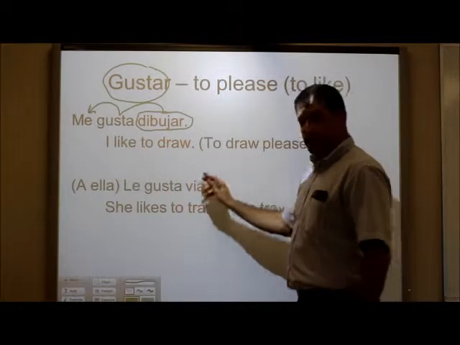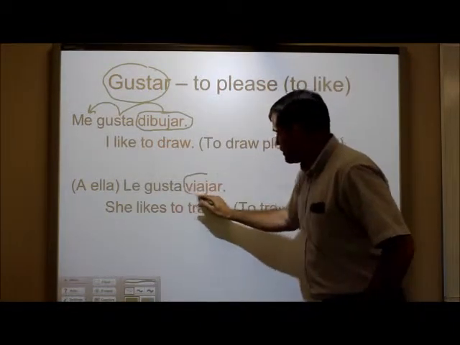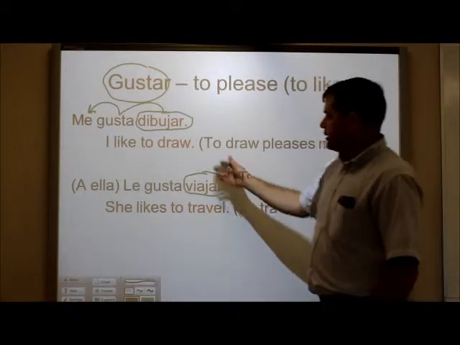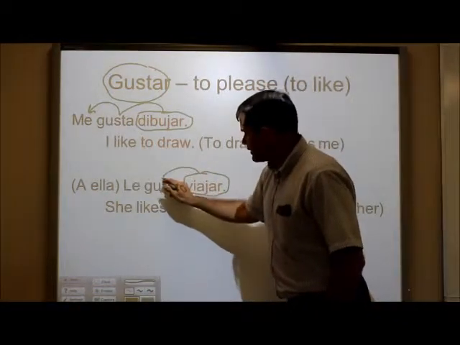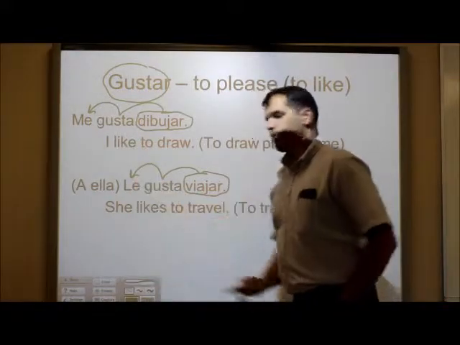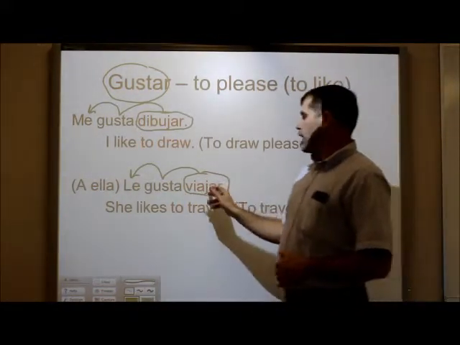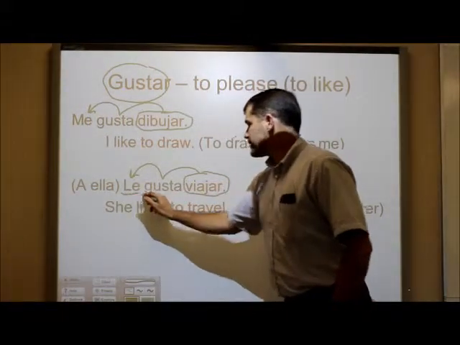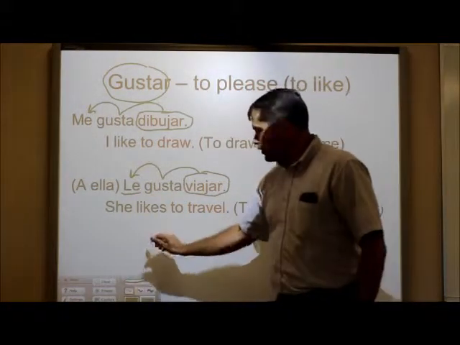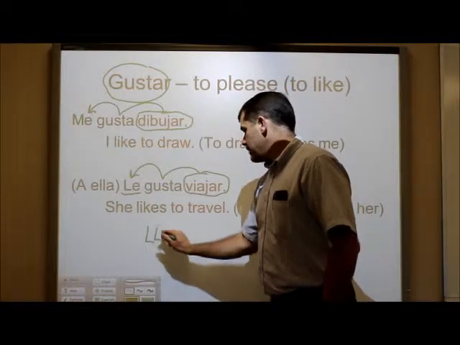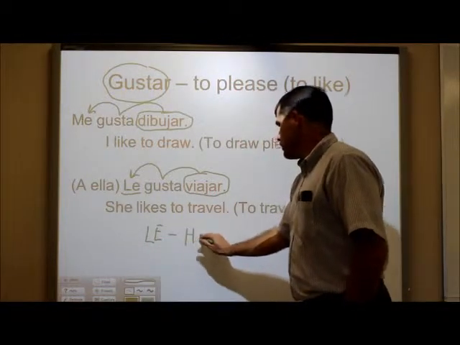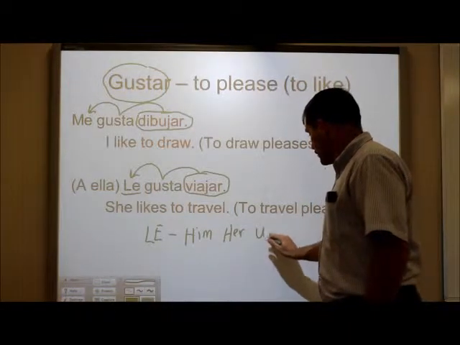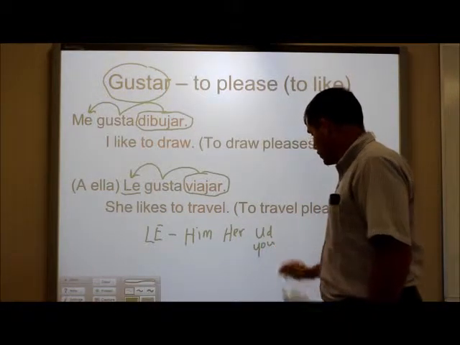Alright? Likewise, here then we would be saying viajar, which means to travel. Viajar pleases her. Alright? To travel pleases her. Now notice, because le, remember how we mentioned earlier, le can mean either him, her, or usted, meaning you.